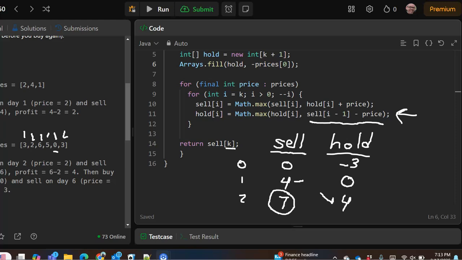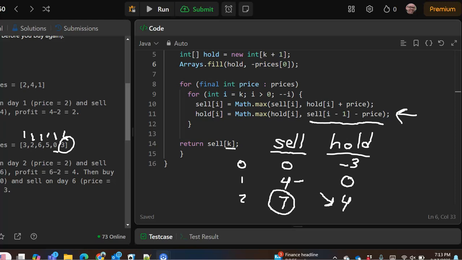So now the 4 is in the hold. And so because we were able to buy it at 0, when the 3 came along, we were able to sell it again and make an additional 3 units. So the 4 went to 7, and that is the final answer.